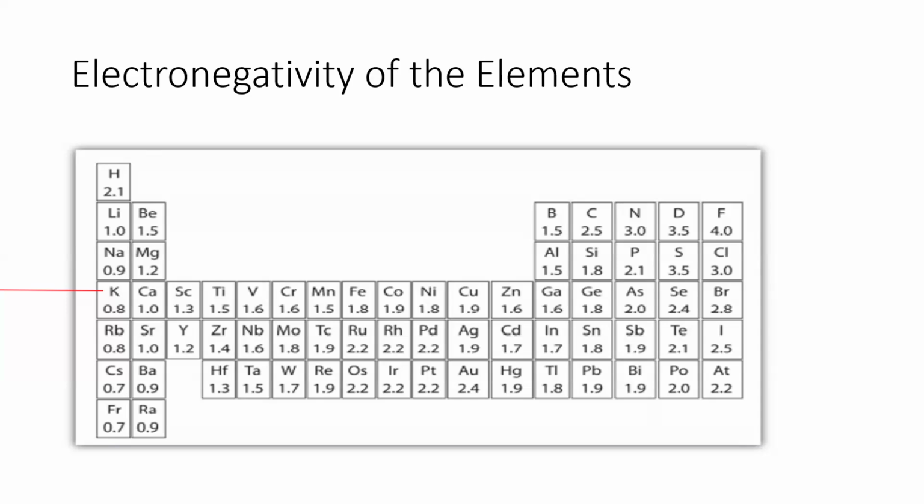It doesn't mean that they cannot, but if they don't have 8 electrons, that means they want to bond. That's the reason why you see the noble gases are inert, because they have their 8 electrons.